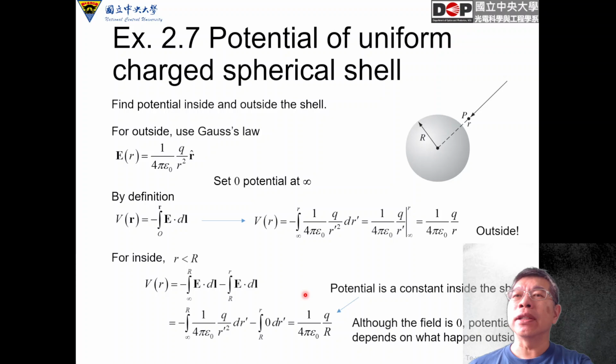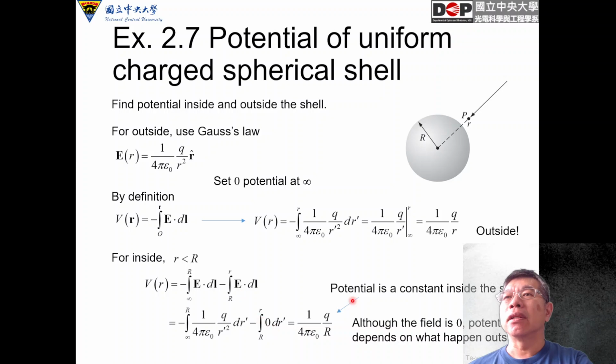So let's do it. Because inside there's no potential change, the second term is zero, since there's no electric field. So the potential is a constant inside the shell. Whatever is inside the shell, you have a constant potential.